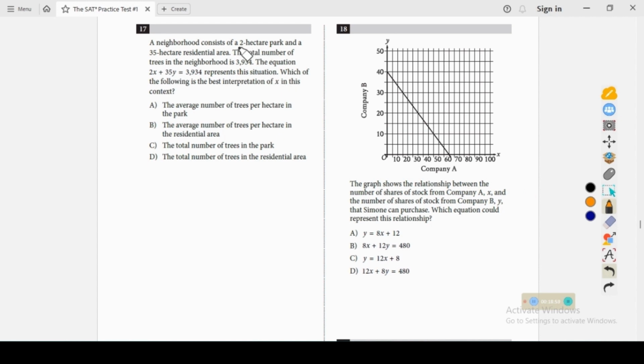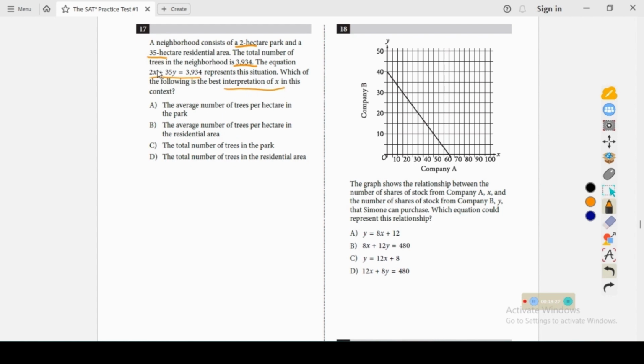Since there is a 2-hectare park and 35-hectare residential area, and the total number of trees is 3934, and this is the equation. Let's see the options. The average number of trees per hectare in the park, the average number of trees per hectare in the residential area. Then we have to find the best interpretation for x.